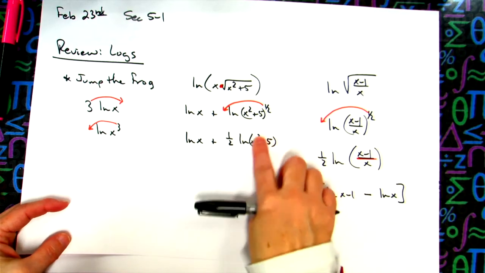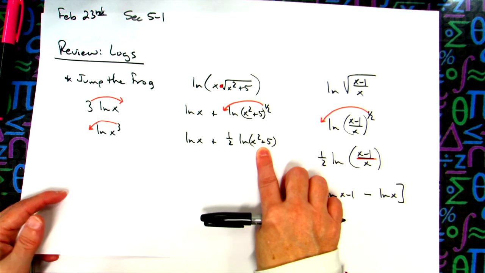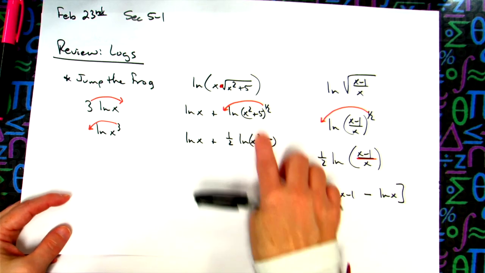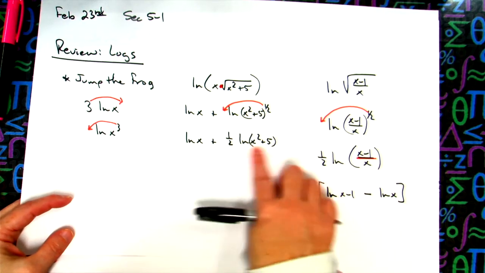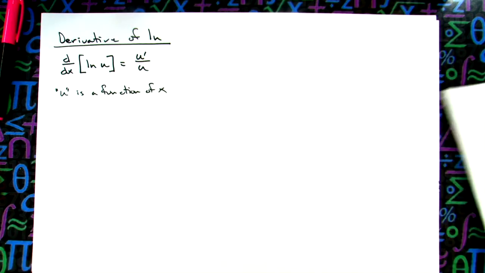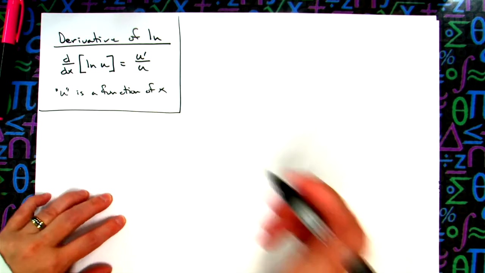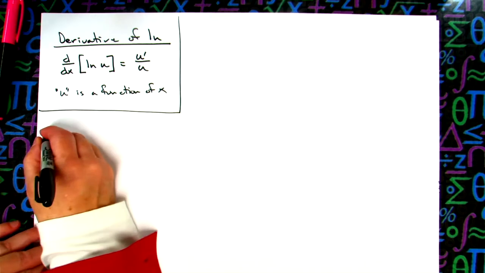So do you see why, if I've got something like this, this is my u? The derivative of that real quick, 2x. On the bottom, x squared plus 5. All right, this is complicated, but this I can take the derivative of really fast and really easy. Okay, so that you've got to memorize. Put that in your little bank of things to memorize. So let's just do some example problems.